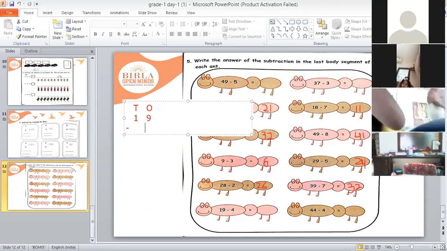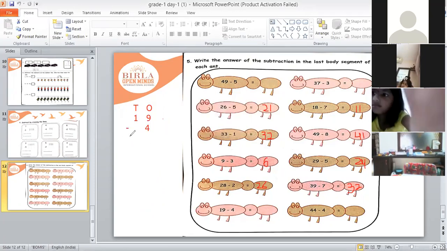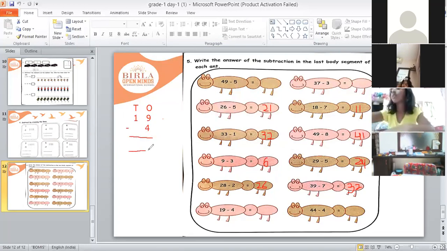And children, keep on writing this in your math notebook. So this is 19 minus 4. Sai Ritvik, now what are the two numbers in ones place? 9 and 4. Very good.